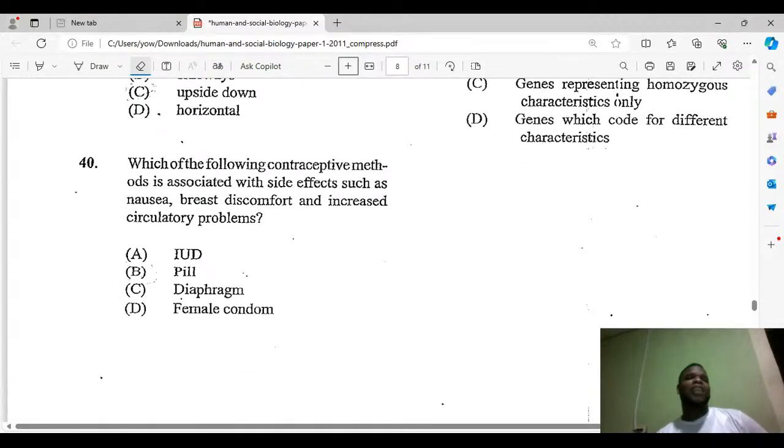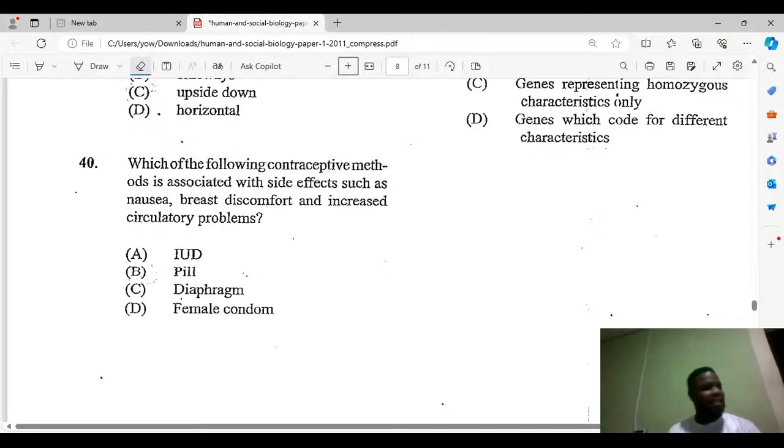Which of the following contraceptive methods is associated with side effects such as nausea, breast discomfort, and increased circulatory problems? So for females, which one of these gives you all of these side effects? It's pills.